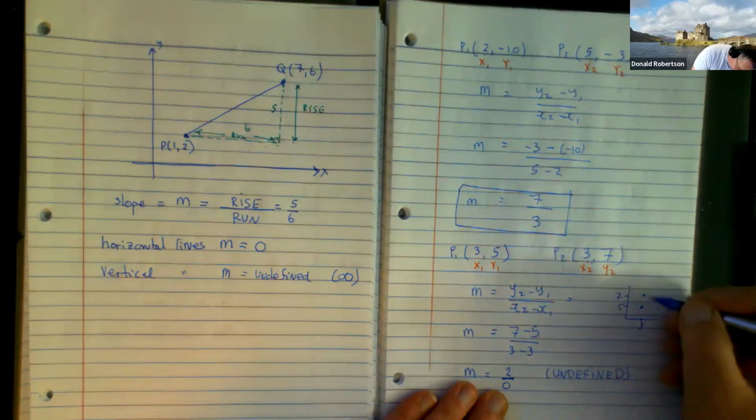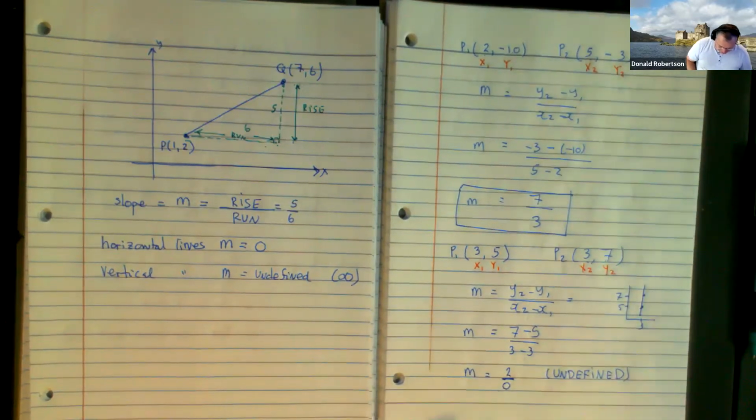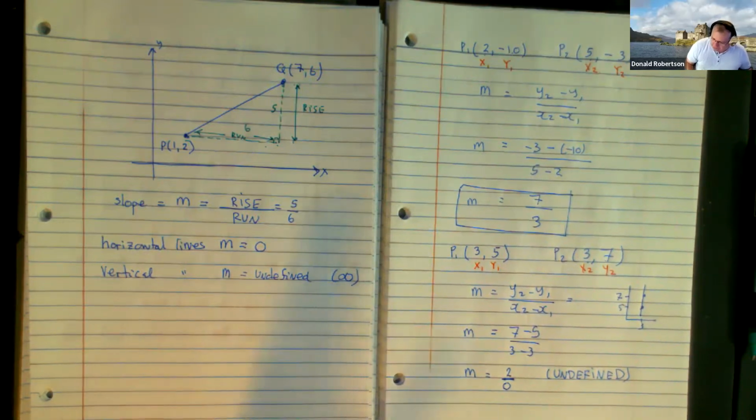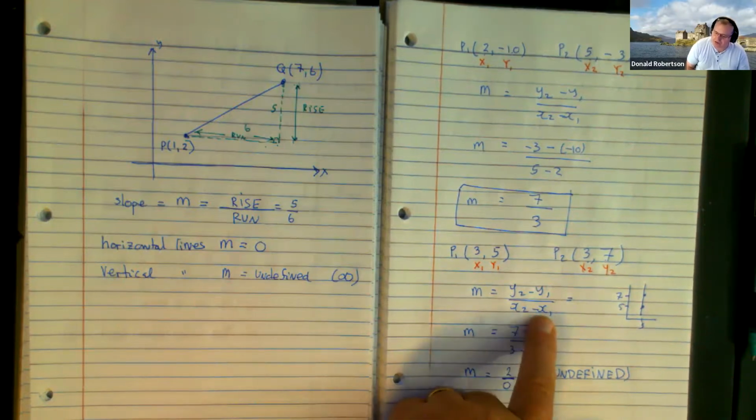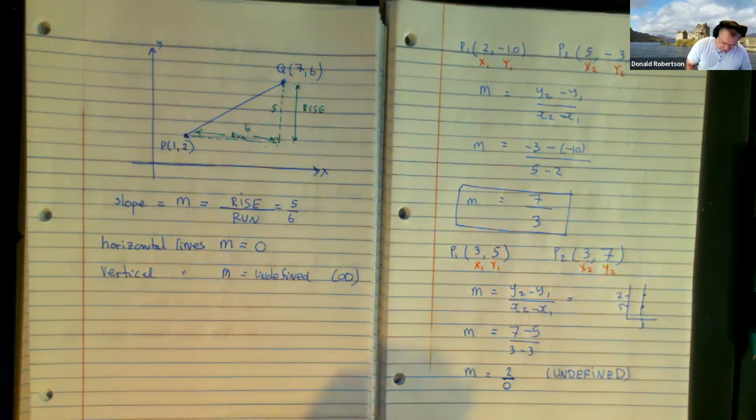Can you see the second one? Can you see that what you get is a vertical line? It makes perfect sense that you would get an undefined slope, essentially an infinite slope, when you divide by 0. The x's are equal to each other, so they get you 0.